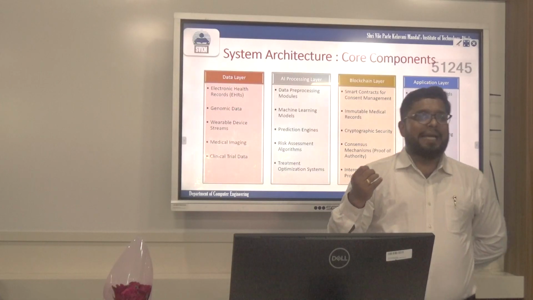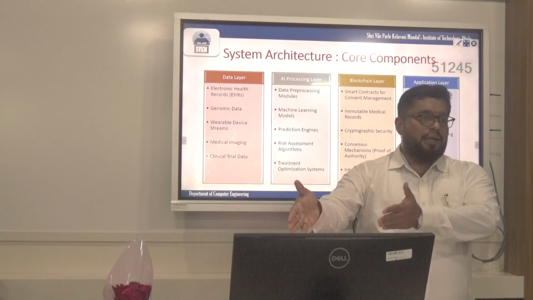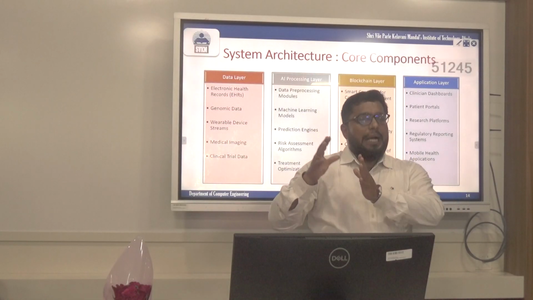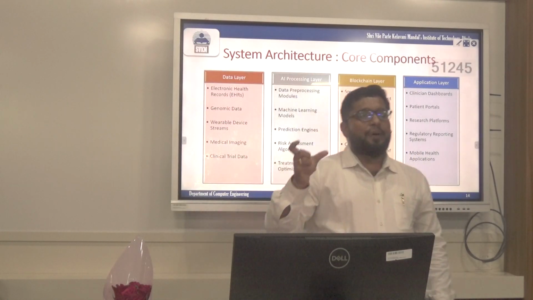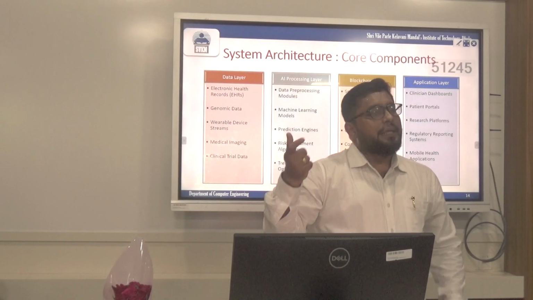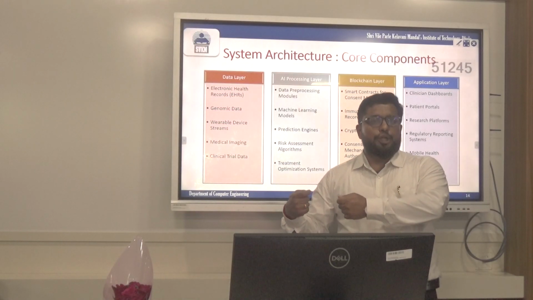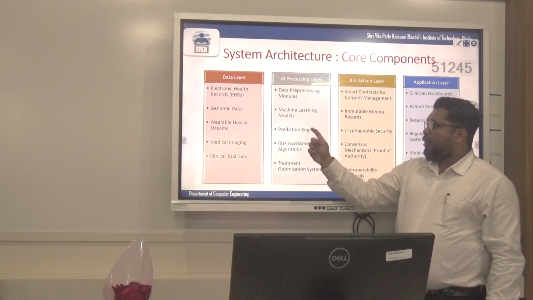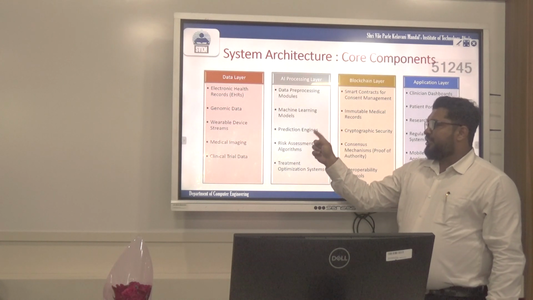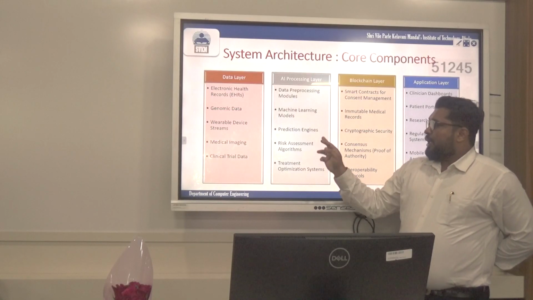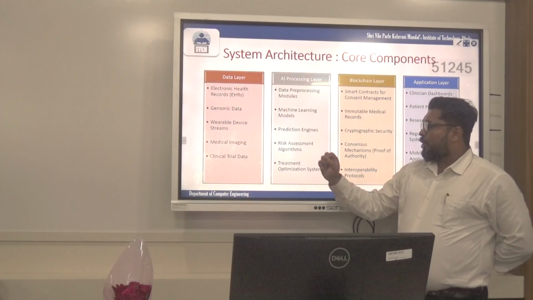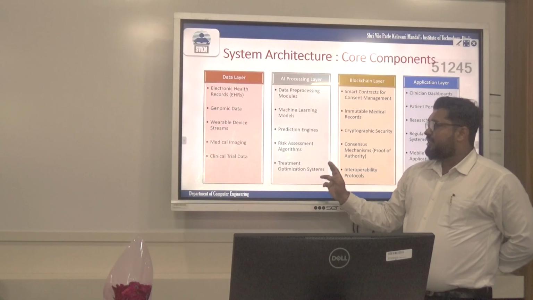For example, say the best model in my system is random forest. So I apply hyperparameter tuning to it. After that, I save that particular machine learning model and create the prediction engine. Once I save that model, I apply the security or risk assessment algorithm and the treatment optimization system.